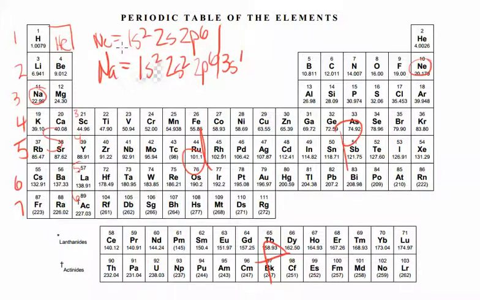If neon equals 1s2, 2s2, 2p6, then we can just plug neon into this part of the electron configuration for sodium. So we would write sodium equals neon, and then we just add 3s1. The only other thing is we put neon in brackets. So sodium is neon and then just 3s1.